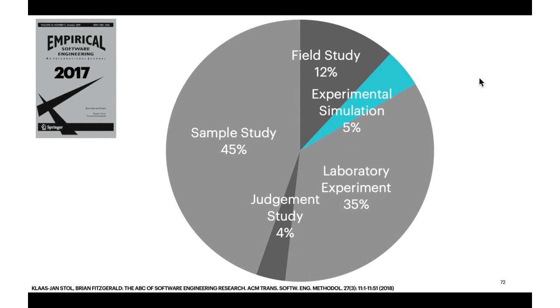So laboratory experiment, which is typically associated with controlled experiment, sample studies, which are typically associated with surveys and mining repositories, judgment studies and field studies are most often associated with interviews. The only 5% we have not talked about are related to experimental simulation.